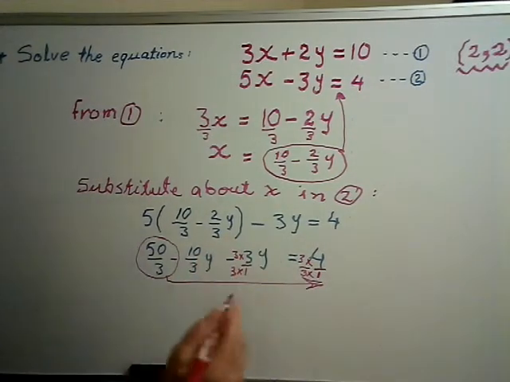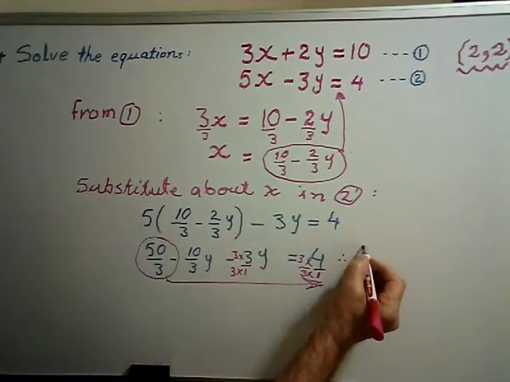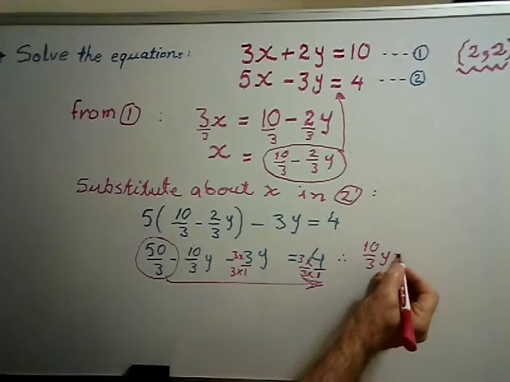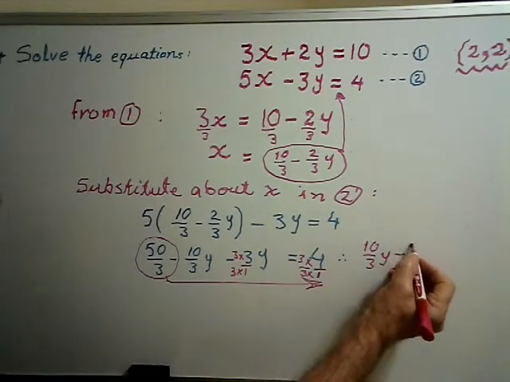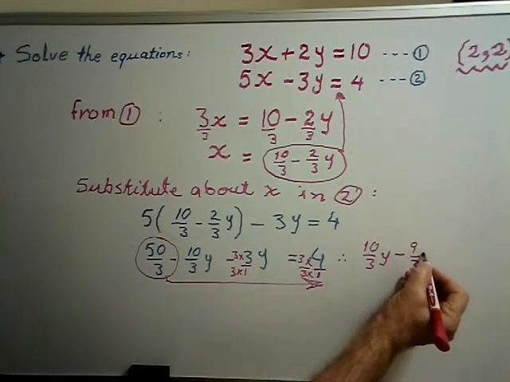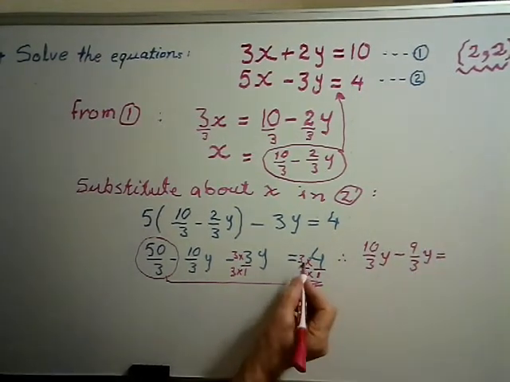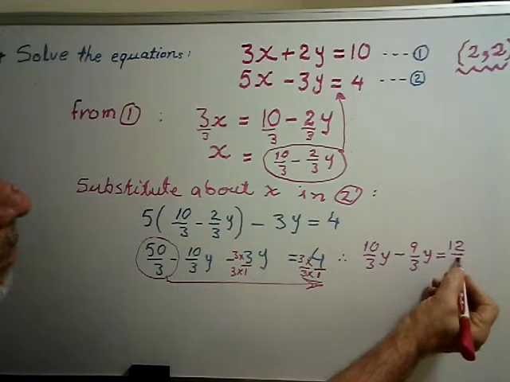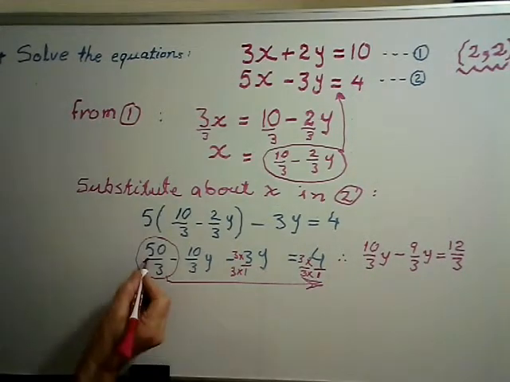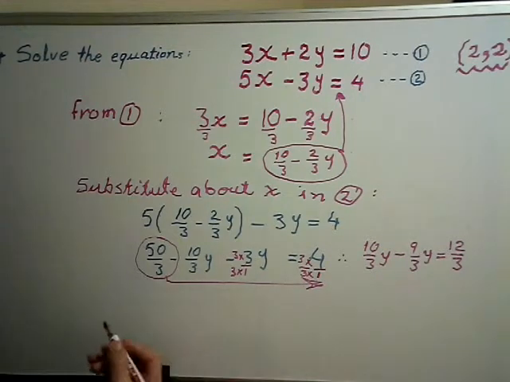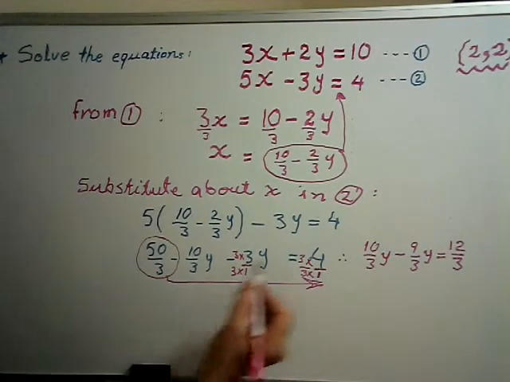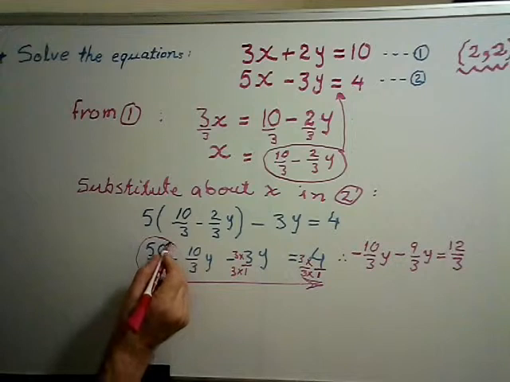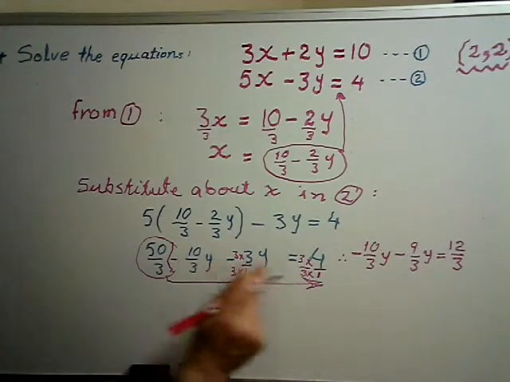So the new form will be 10 over 3y minus 9 over 3y is equal to here 12 over 3, which is 4, and this will be moved to the other side. Here is negative 10 over 3.